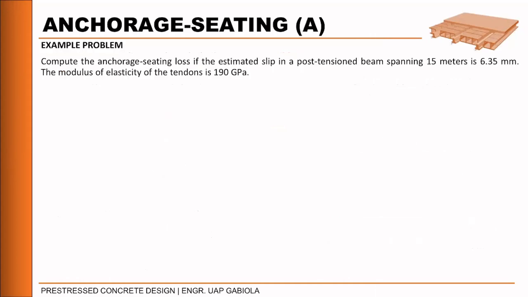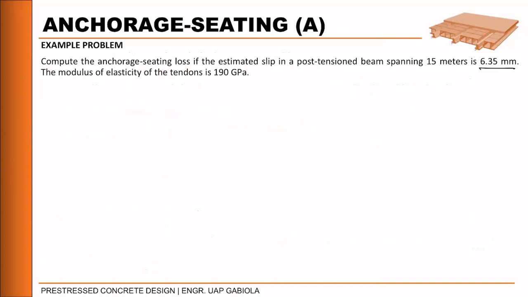So dito nakalagay, compute the anchorage seating loss if the estimated slip in a post-tension beam spanning 15 meters is 6.35 mm. The modulus of elasticity of the tendons is given as 190 gigapascal. Okay? Compute the anchorage seating loss. Okay? So dito may given tayong deformation.